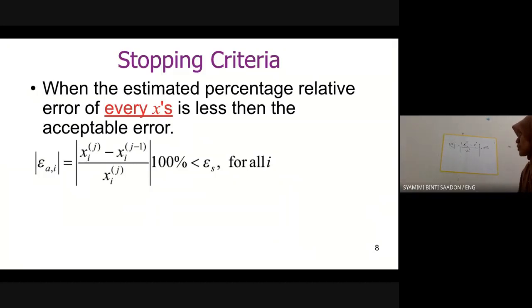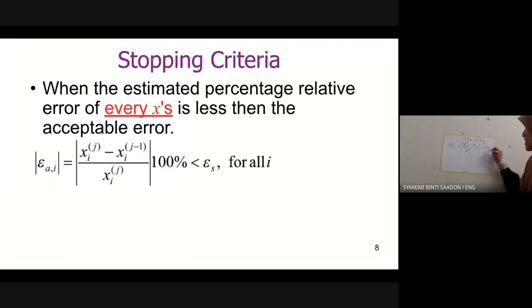It means the value of this and the value of this are very close. For example, if you have 4.998 and this one 4.98, like that, then we say yes, we have found the solution.